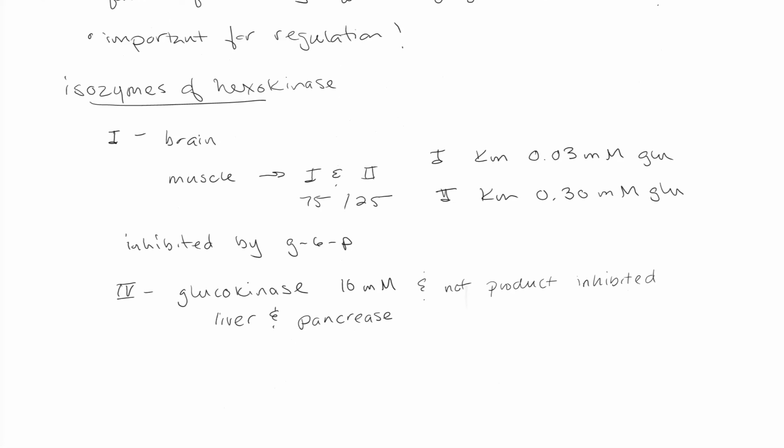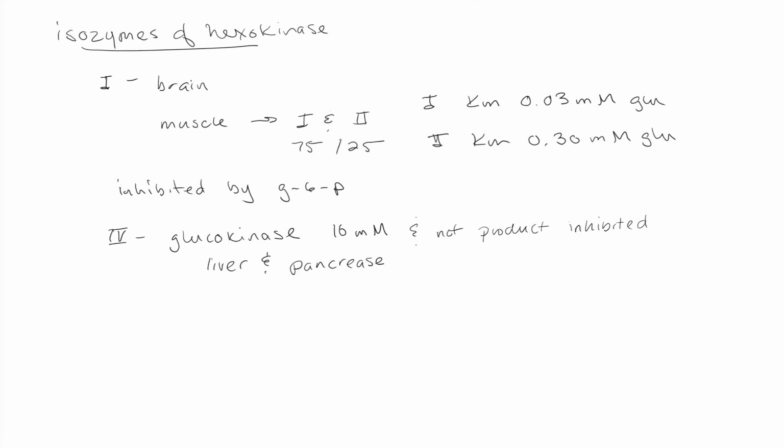Now, you may be wondering, why do we have such a unique form, particularly in the liver? Well, with a Km of 10 millimolar, it's going to have a lower affinity for binding initially. So only under higher levels of glucose will the glucokinase start to interact with glucose.